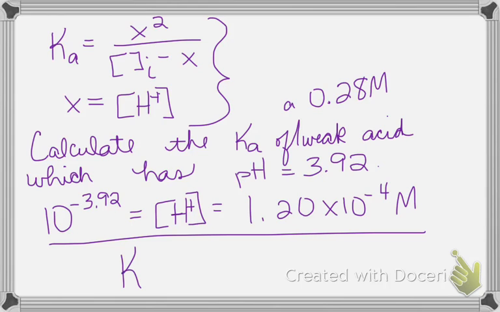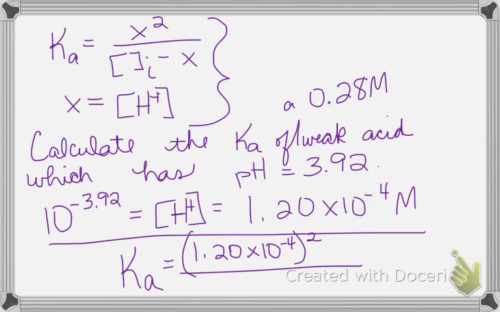Can't I say that the Ka is equal to 1.20 times 10 to the minus 4 squared divided by 0.28 minus 1.2 times 10 to the minus 4?